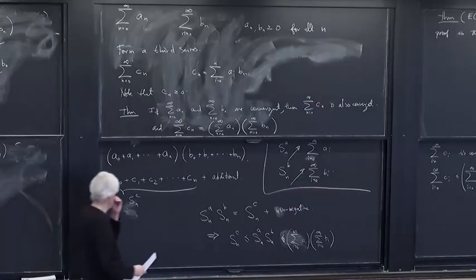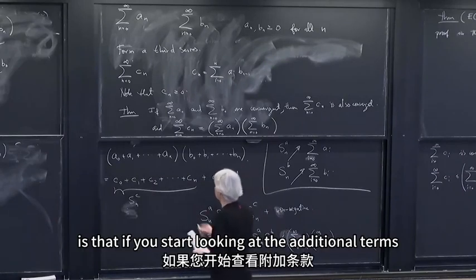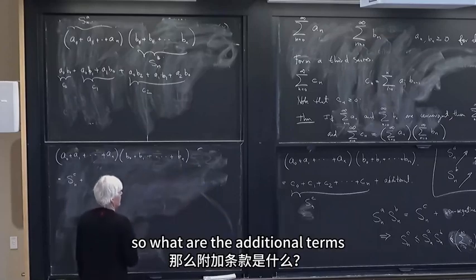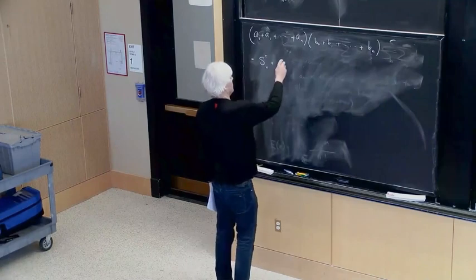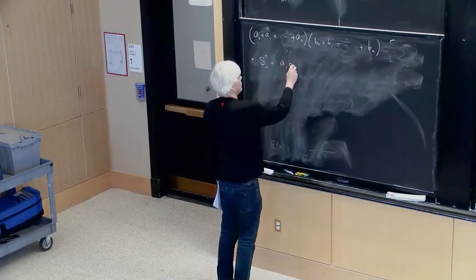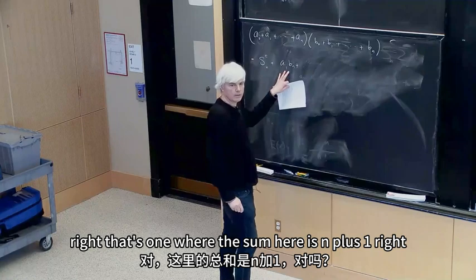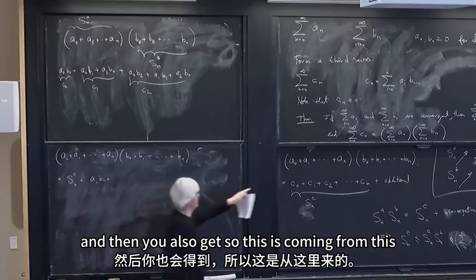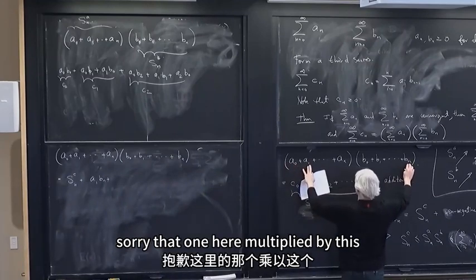If you start looking at the additional terms, you're getting an A1 Bn, that's one where the sum of the indices is n plus 1. This is coming from that one multiplied by this.